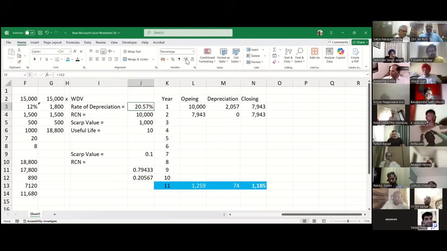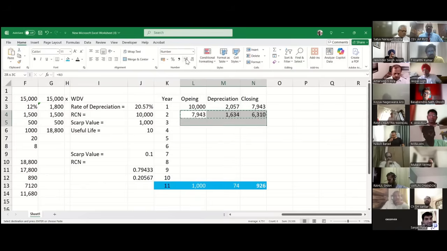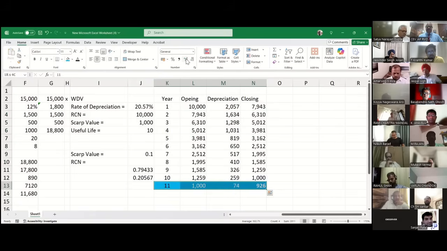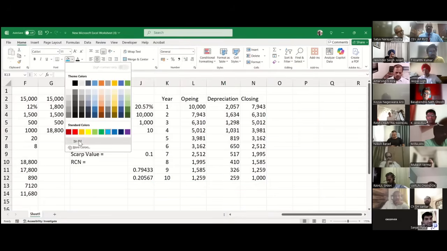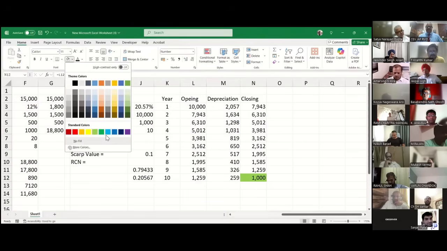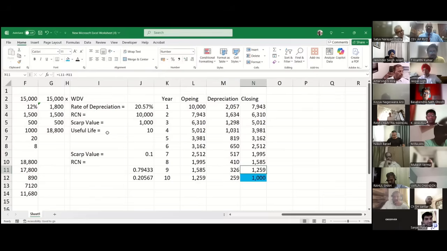Okay. So check out here, after 10 years, your scrap value remains 1,000 only.